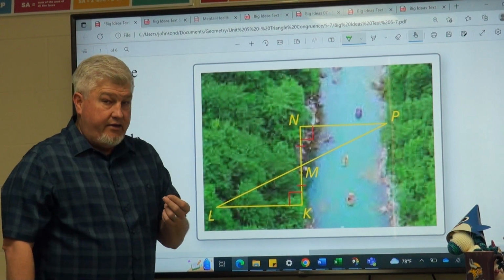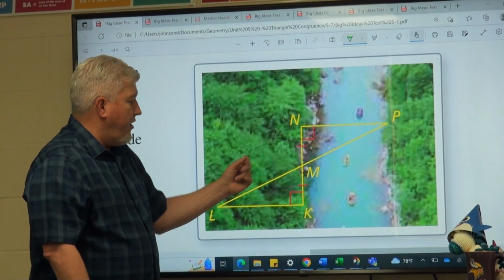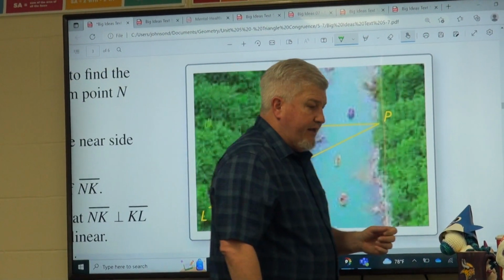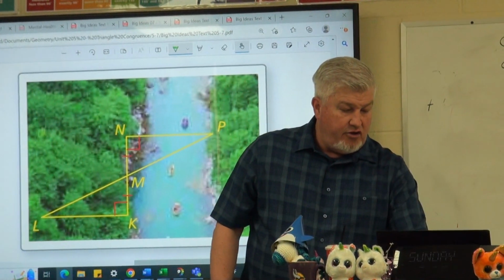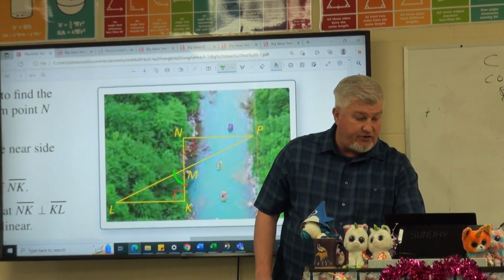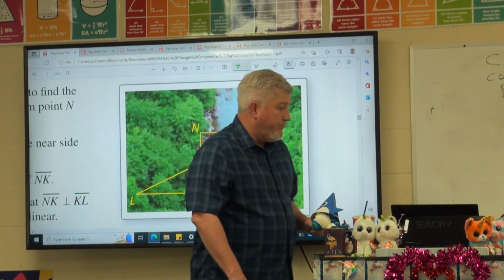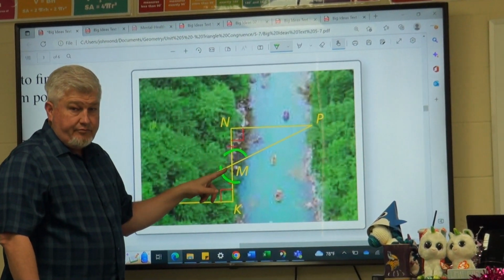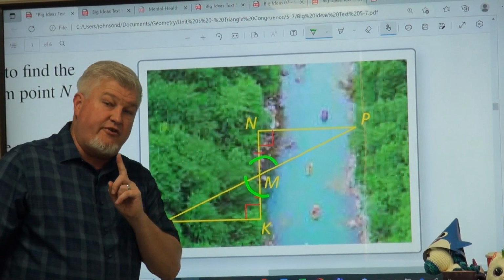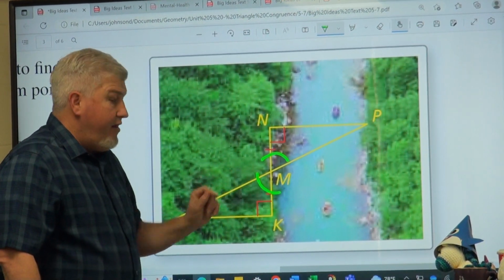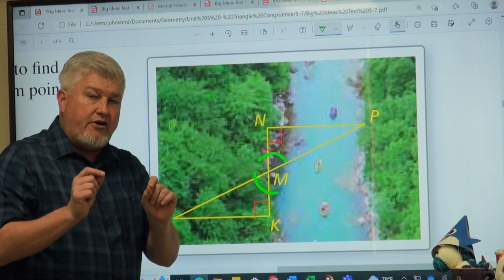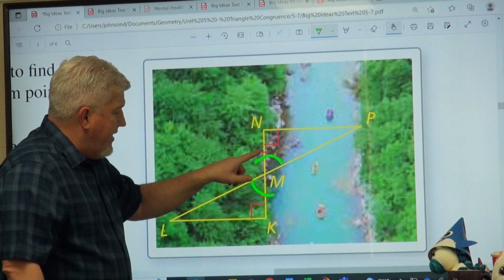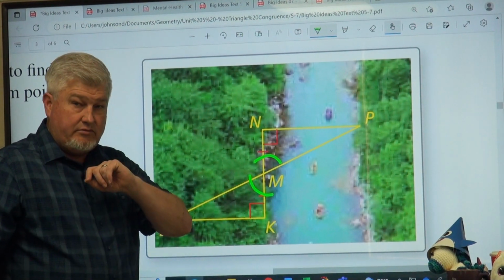I need one more thing to prove these 2 triangles congruent. I'm hoping you all can see it. Now, you may think hypotenuse leg because it's a right triangle, but that's not the case here. What we have instead is vertical angles. Because these angles are vertical, they're equal to each other. So now I know these triangles are congruent to each other because of ASA.